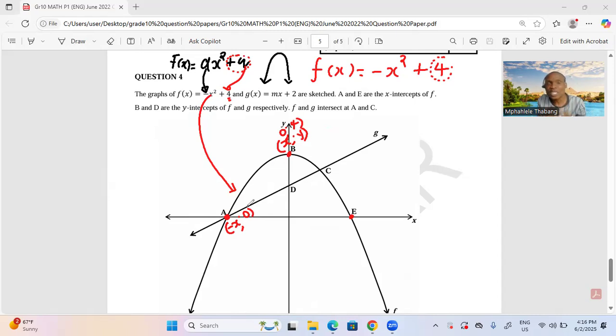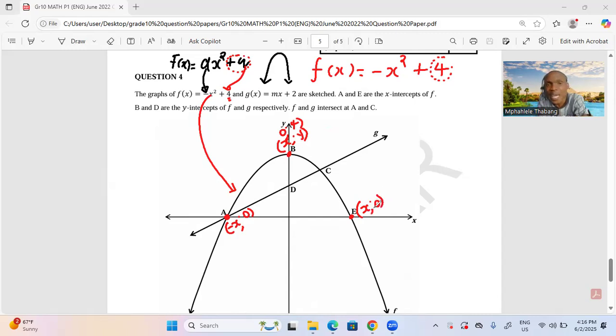Why? Because this point A is on the x-axis. Any point that is found on the x-axis has the y-coordinate of 0. So even the point E is x and 0.